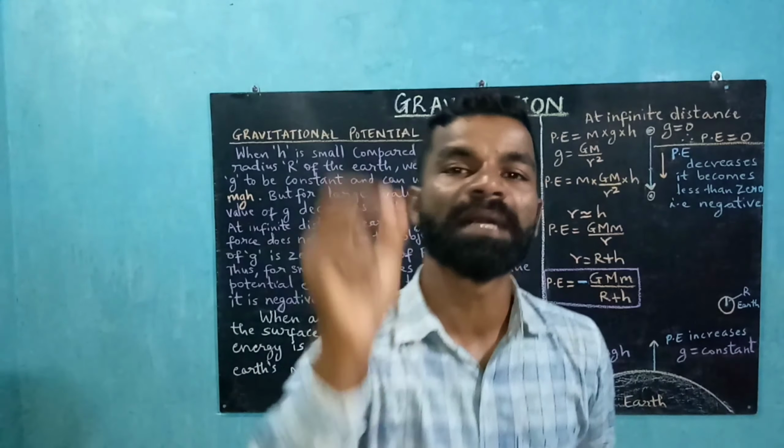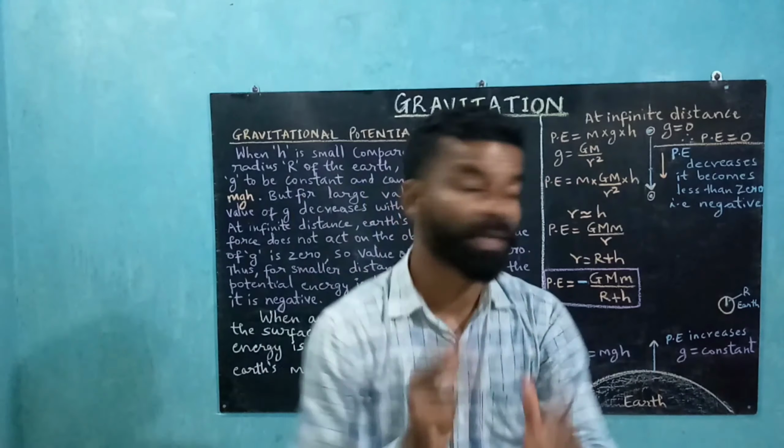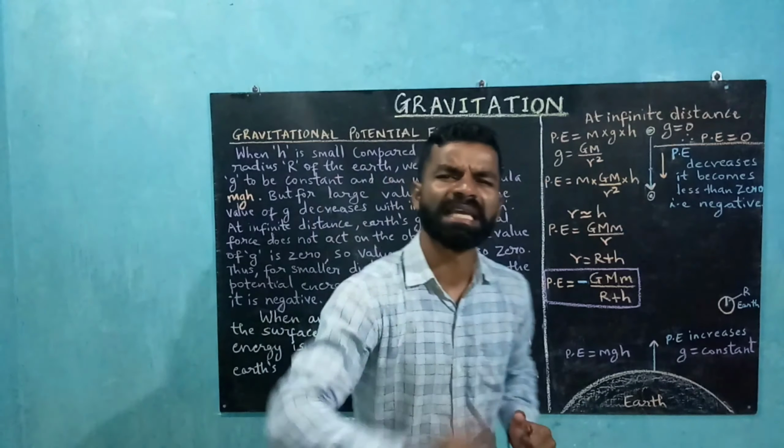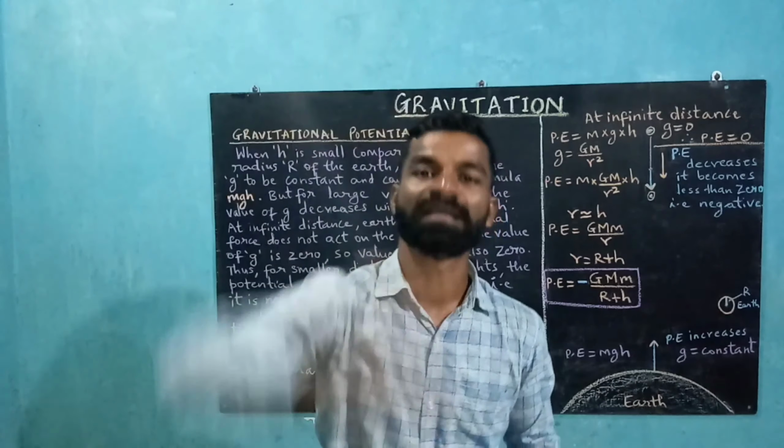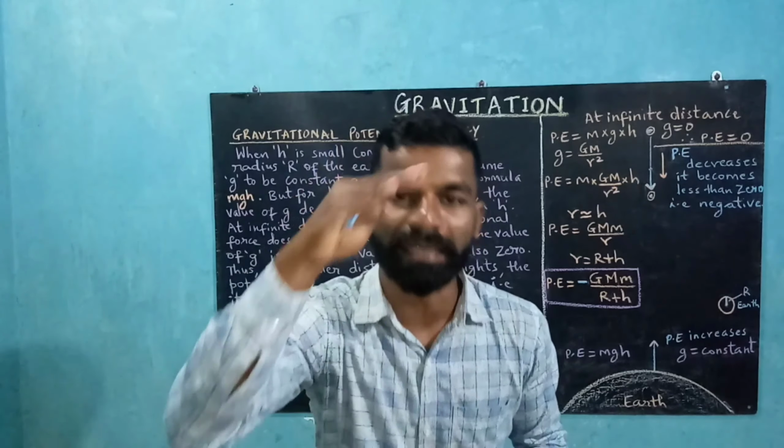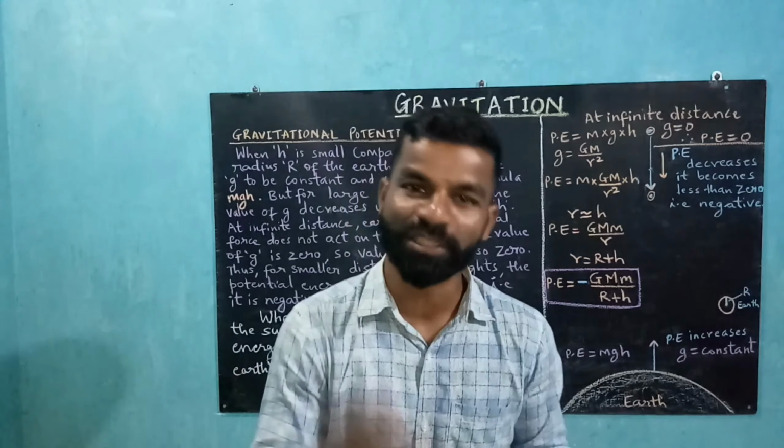Now you have to remember the first thing which I told you to remember. Potential energy increases if height is increased, and if height is decreased, then potential energy should decrease.